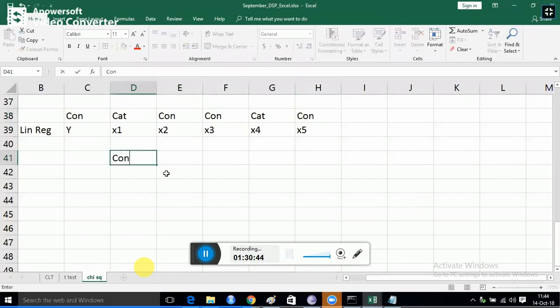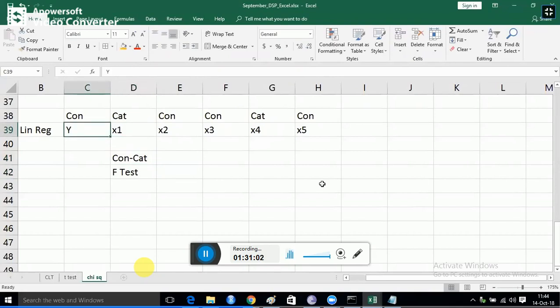Continuous and categorical. What kind of test can I do here? F-test. If this categorical variable has more than two categories, three or more categories, I can simply go for an F-test, right? If x1 is not so dependent on y, if the F-test is failing here, and if the F-test is passing for x4, then I'll not consider x1 for my equation.